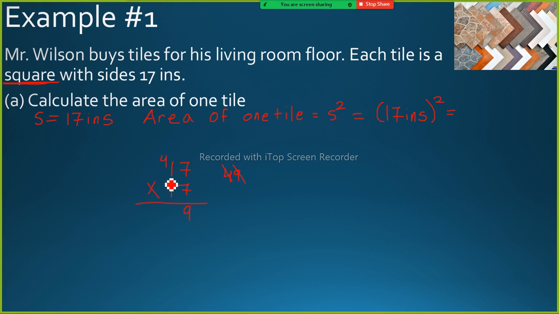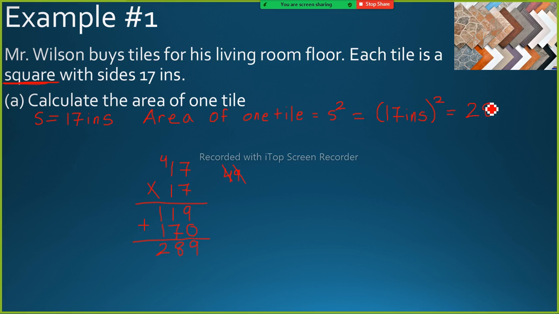And we have 7 times 1, which is 7. 7 plus 4 is 11, because that's 7, 8, 9, 10, 11. So that's 1, 1. And you put a 0 at the bottom. Next, we have 1 times 7, which is 7. And 1 times 1, which is 1. So if we add them, we have 9 plus 0, which is 9, 1 plus 7, which is 8, and 1 plus 1, which is 2.